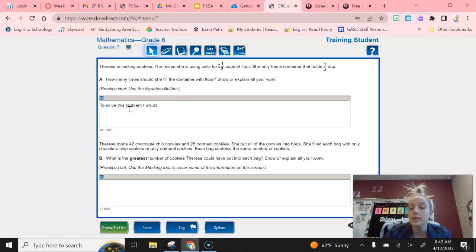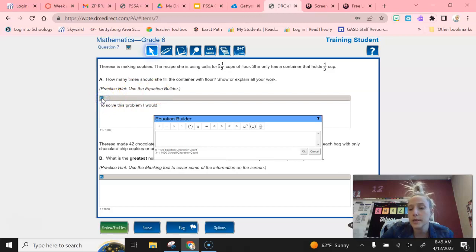If you would like to use a formula, it has a little hint here that says practice hint, use your equation builder. There's a little equation button. It says EQ right here. It will let you build that equation. So if you are doing a fraction, you might do 2 and then the fraction bar 1, 1/3.